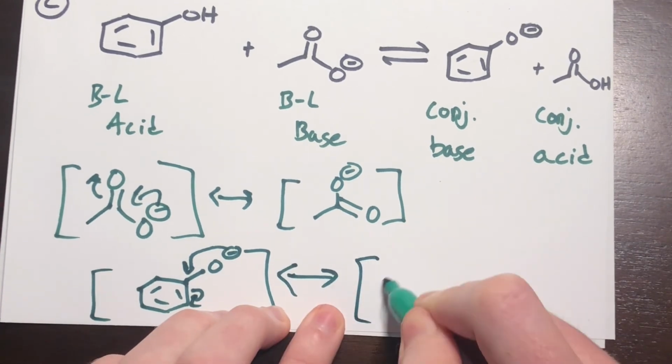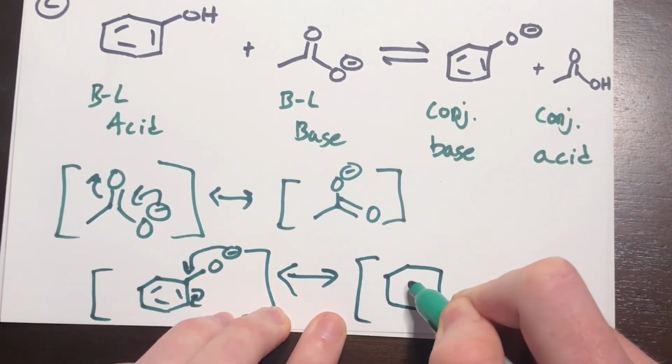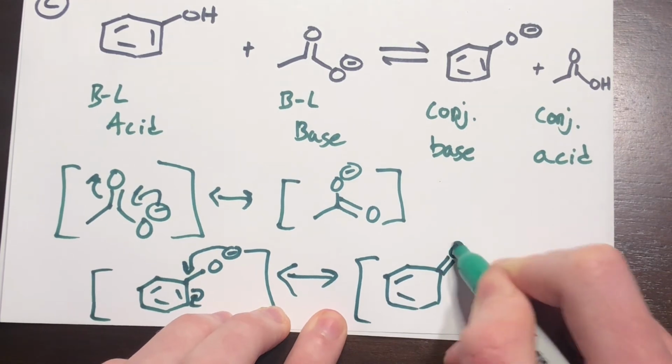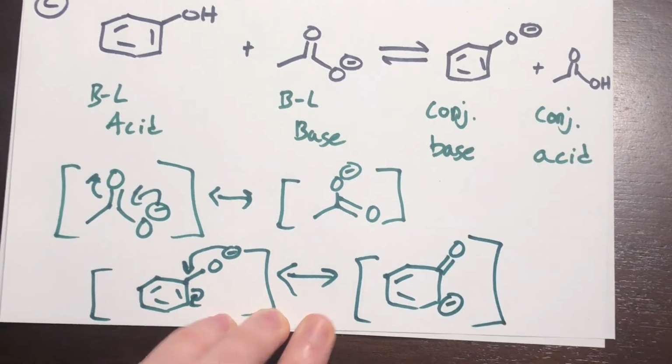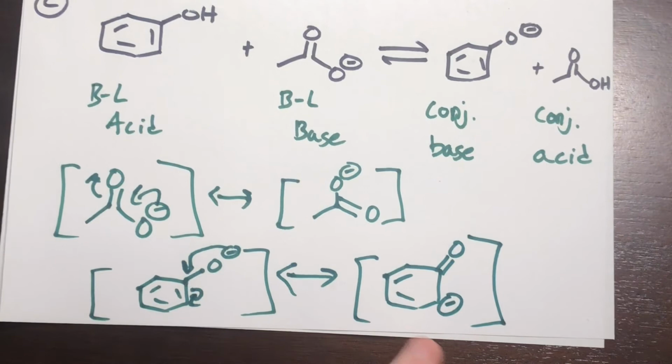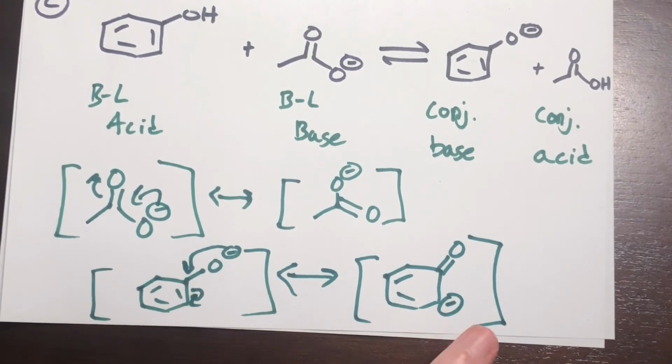So you would get this. The problem with this resonance structure is the carbon holds the negative charge. Carbon does not like having a negative charge because it's not very electronegative, whereas the oxygen does. So in terms of resonance contributors, this doesn't contribute very much, meaning it's not a particularly stable resonance structure, and it doesn't do very much for the acid strength since this is a rather weak resonance structure.